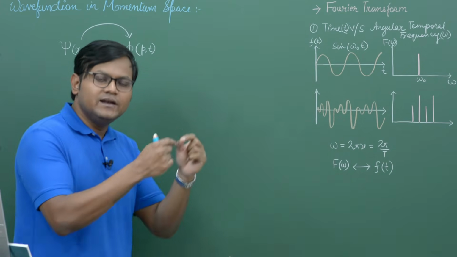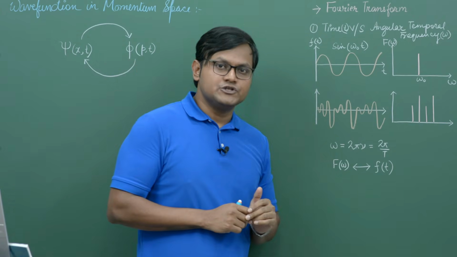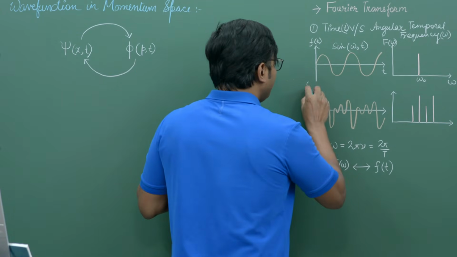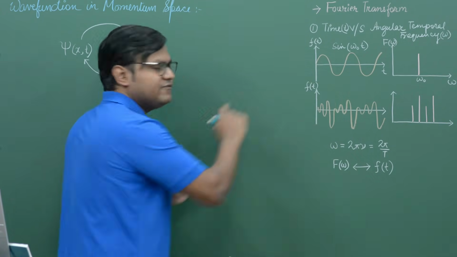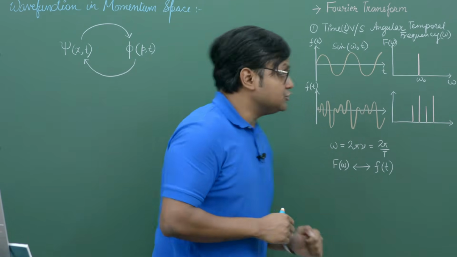Now let's take this a little bit further. What if I have a slightly more complicated sinusoidal function? Instead of a simple sine function, let's suppose I have the sum of multiple sine functions, or multiple frequencies.